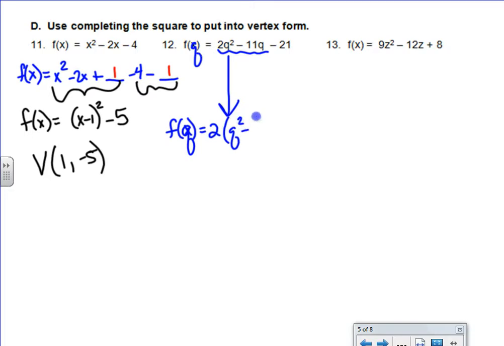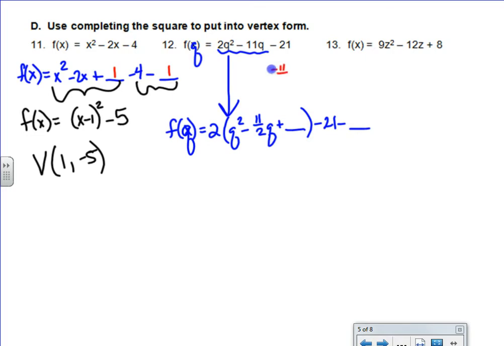2, and then q squared minus, now this is where it gets weird, I factored a 2 out of an 11, that's like dividing. So I have 11 over 2 q, and then we're going to have a blank here. I still have a minus 21, and then whatever I end up adding here, I'm going to have to remember to remove it off to the side because that way things will stay balanced. So, gotta think a little bit. 11 halves, cutting another half would be multiplying another 2 into the denominator.